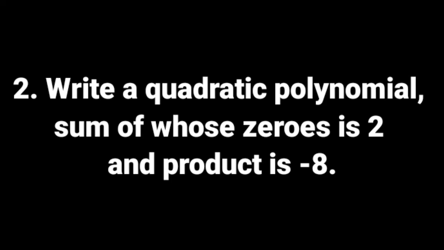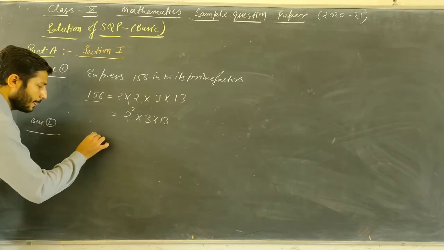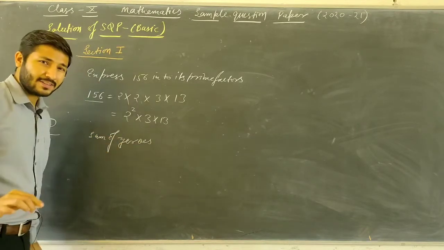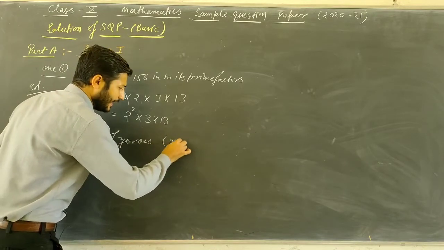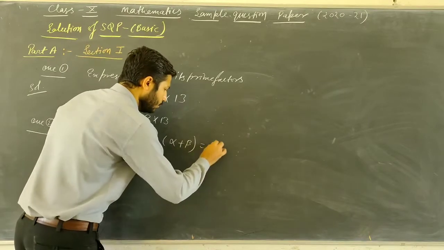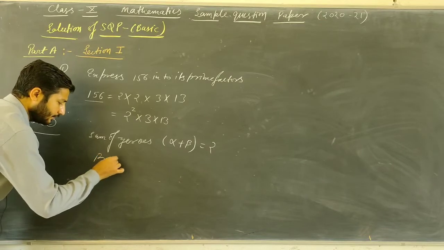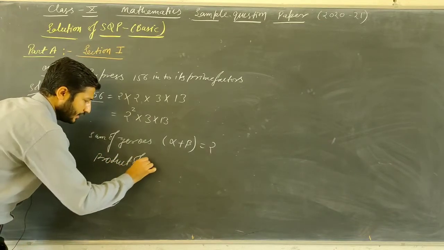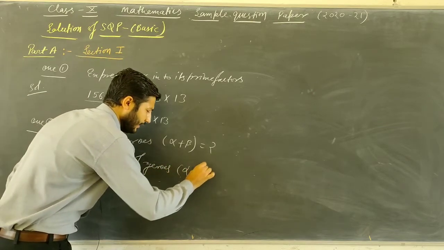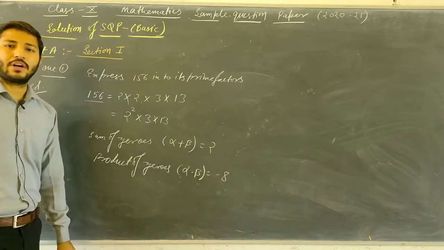You have to write a quadratic polynomial where the sum of zeros is alpha plus beta, which is equal to 2, and the product of zeros, alpha into beta, is equal to -8.